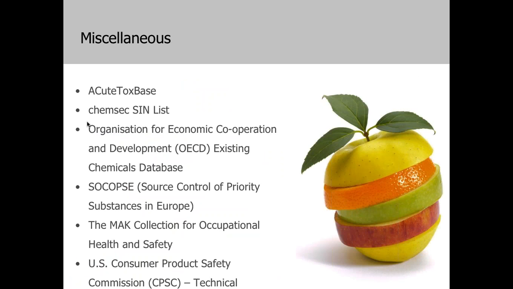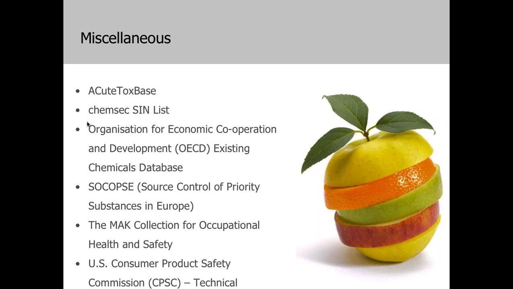The last category is miscellaneous, the all-encompassing miscellaneous. There's a handful of collections that we've added that don't necessarily fall into any of the other categories that I created. Acute Tox Database is a database of about 100 chemicals and reference chemicals. The creators have created a collection of in vitro and in vivo data on reference chemicals, trying to create one place that has all that information.